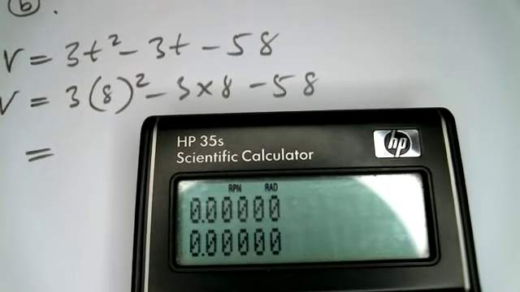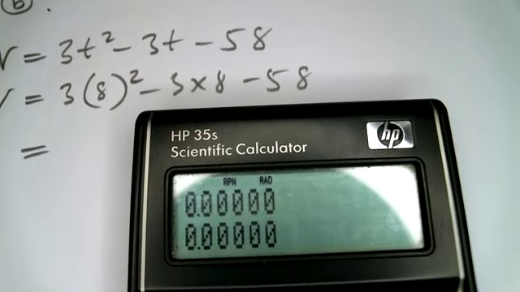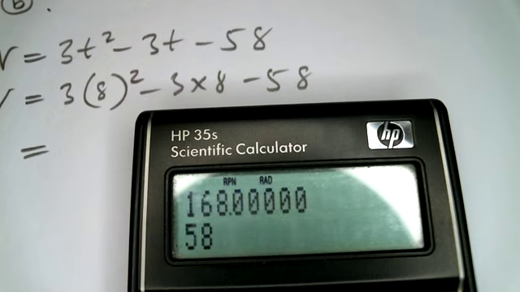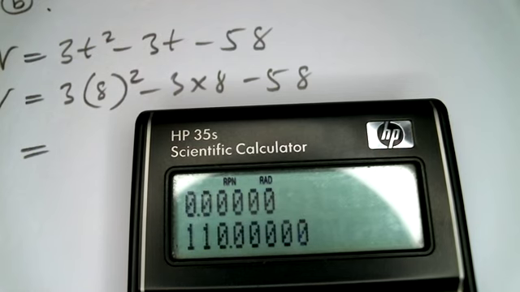So in this case, I've got 8 squared. So I go 8 enter times 3 times, and then 3 8s are 24, so I go 24 minus, and I go 58 minus, and I get 110.